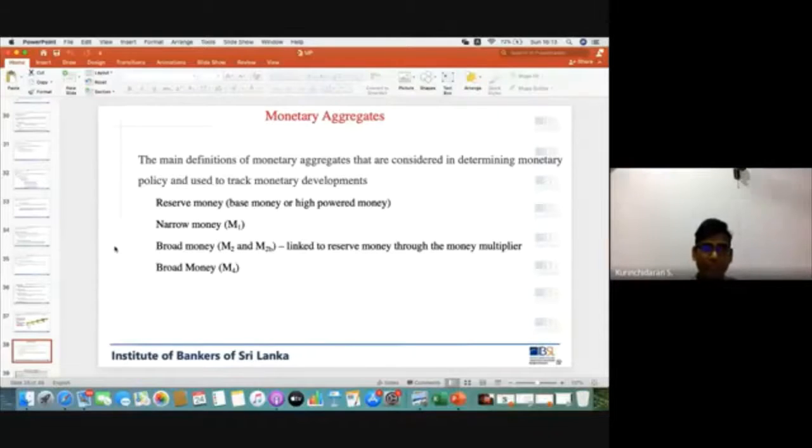The main definitions of monetary aggregates that are considered in determining monetary policy and used to track monetary developments in Sri Lanka: reserve money, that is base money or high powered money, and then M1, which is called narrow money, and M2 and M2B, called broad money, linked to reserve money through the money multiplier, and M4. So 4 types of aggregates are very often used to track the monetary developments, right?